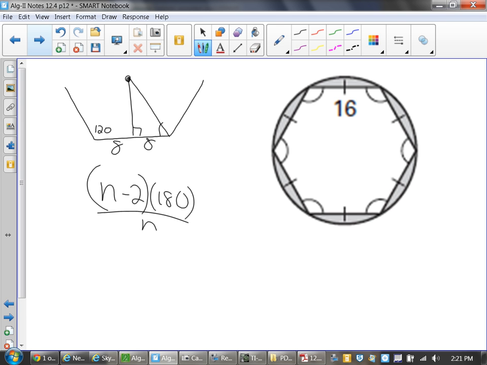The radius, going from the center to that vertex, bisects it. So in a hexagon, you wind up with 30, 60, 90 triangles. If opposite my 30 is 8, what is opposite my 60?